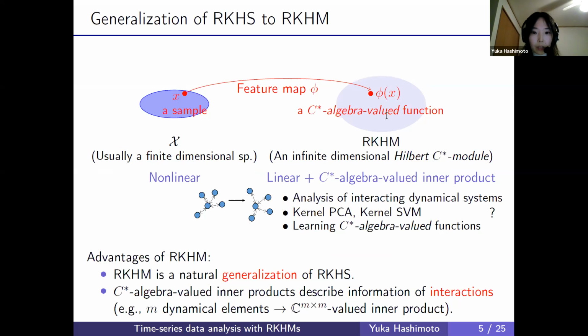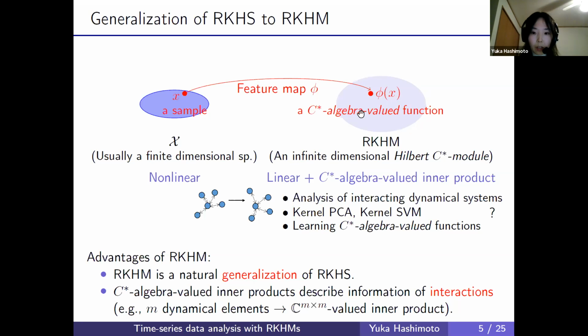We explain the precise definition of C-star algebra later, but here an important example of C-star algebras is the space of bounded and linear operators on a Hilbert space. And the module spanned by this C-star algebra valued function is called RKHM.